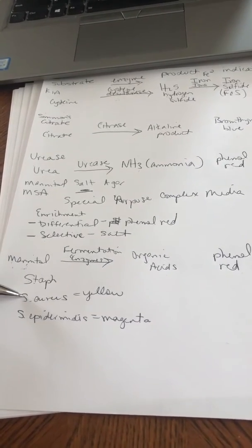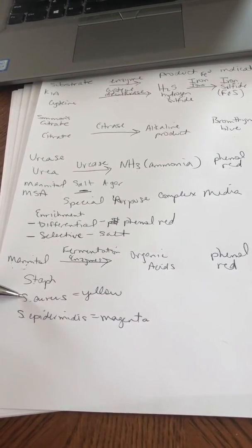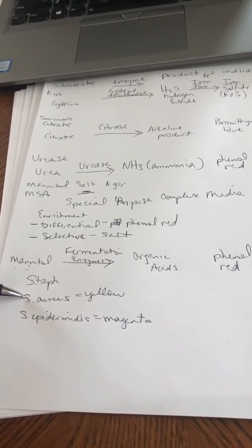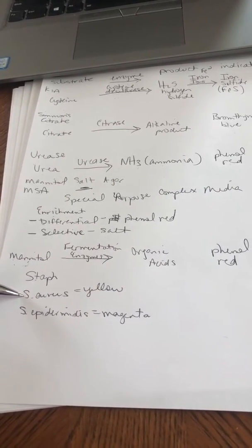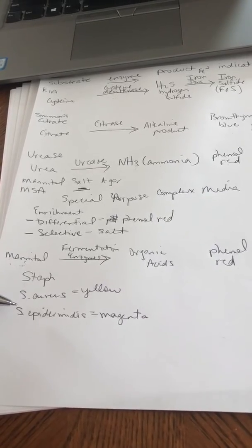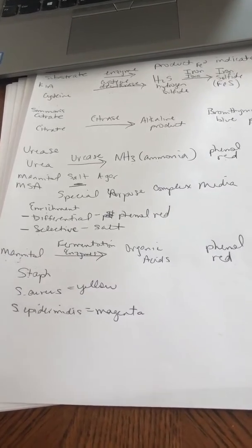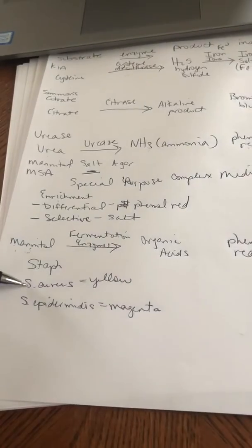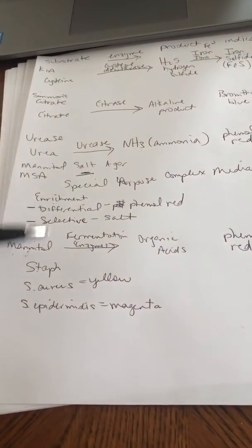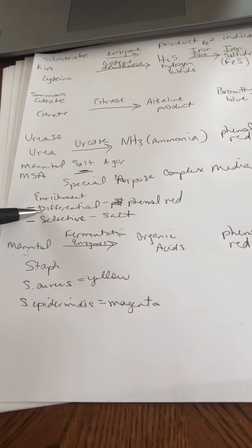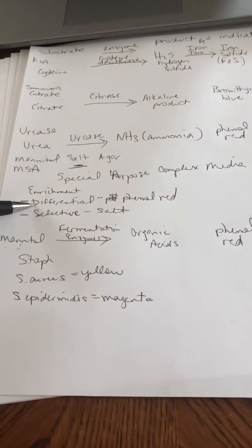Staph aureus, however, some people naturally carry it, and it can be implicated in infection. Usually when you have a scab or something, often it could be staph aureus that's causing that, a little bit of that scabbing, plus other bacteria. So you could try to determine which one you have based on the color change, and that color change then is the differential portion of this media.